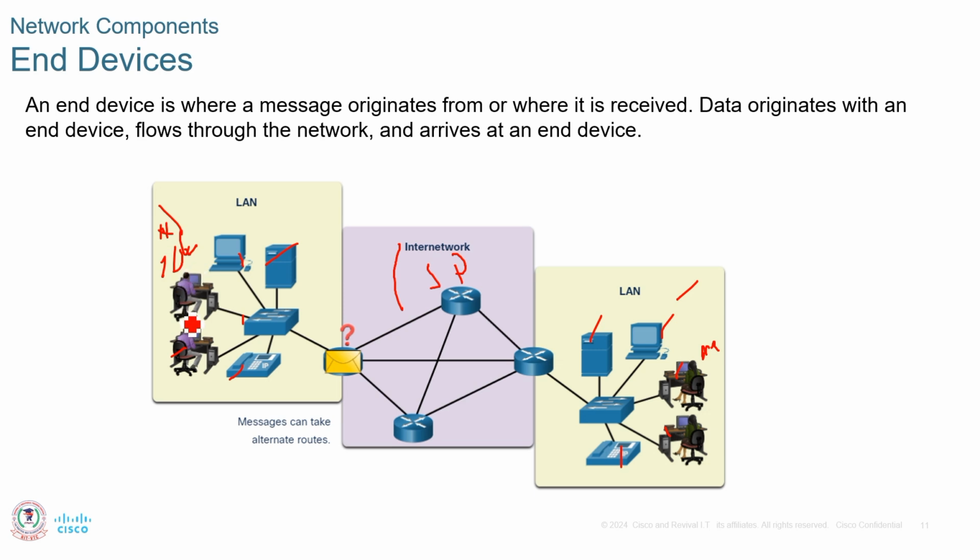You are generating a message on an endpoint device. Now, me here, I'm going to receive that message, the hello, here. Why? This is an end device. Likewise, I can generate a message here and you receive it. So an end device is where messages are originated and where they are received. That's an end device. So we'll move further.